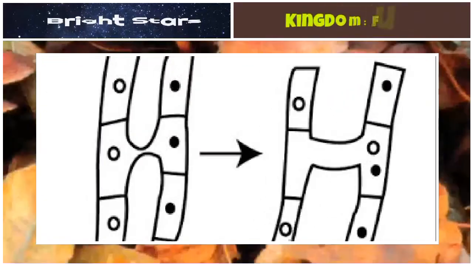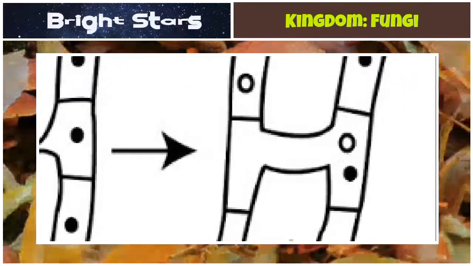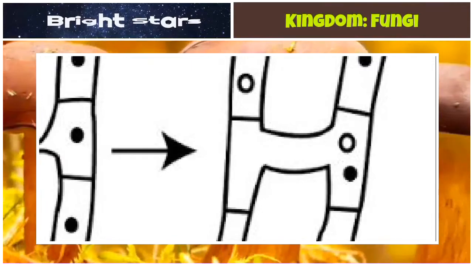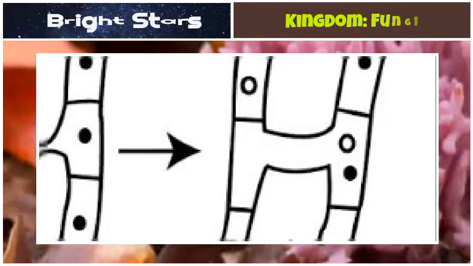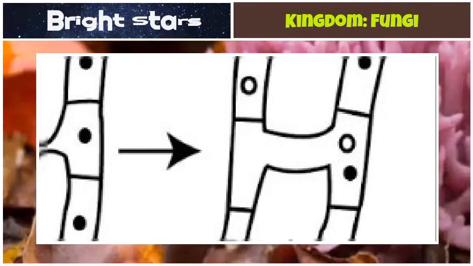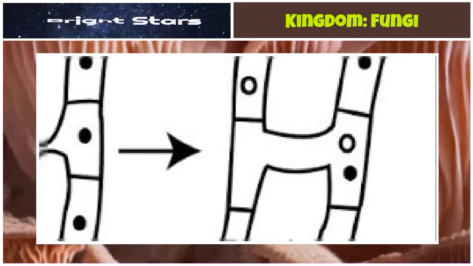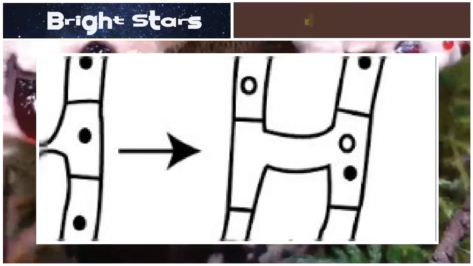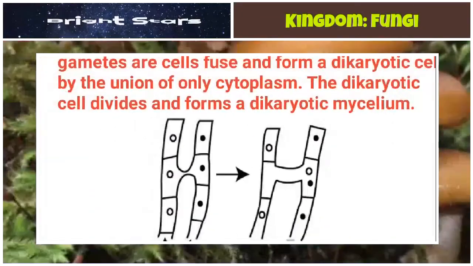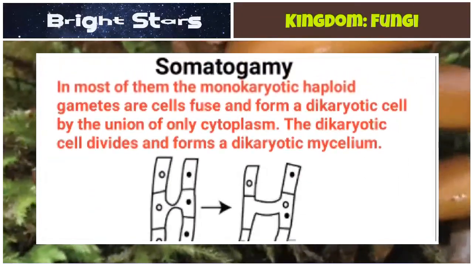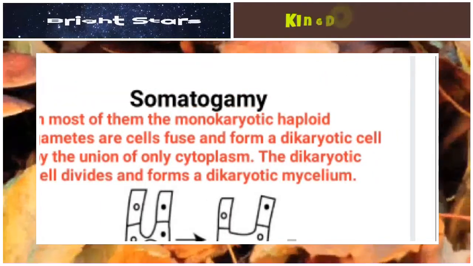They are fusing. After the fusion, the same hypha consists of two nuclei, one nucleus of the existing hypha, another from the other hyphal cell. So existence of two nuclei in the same cell is called the dikaryotic condition. This dikaryotic condition will continue for some time. So this kind of fusion between two different hyphal cells is called somatogamy.